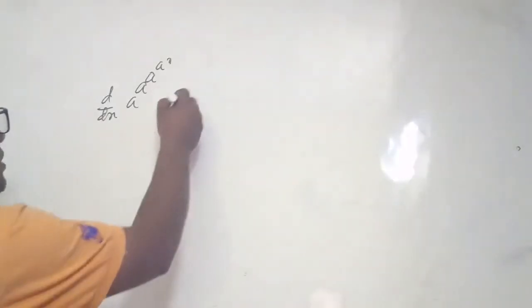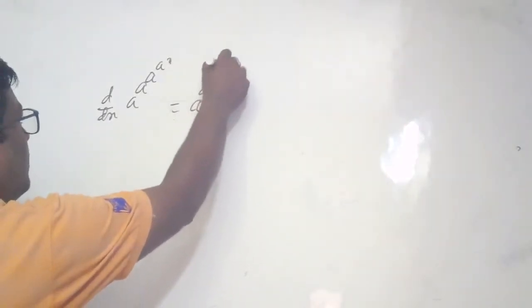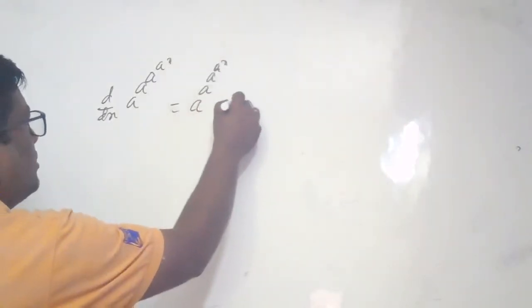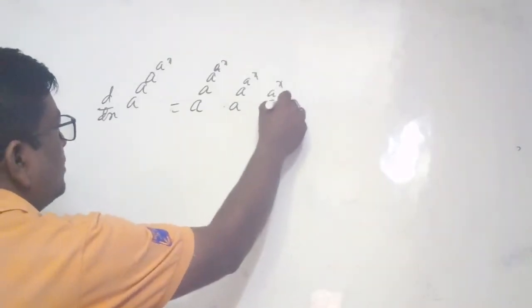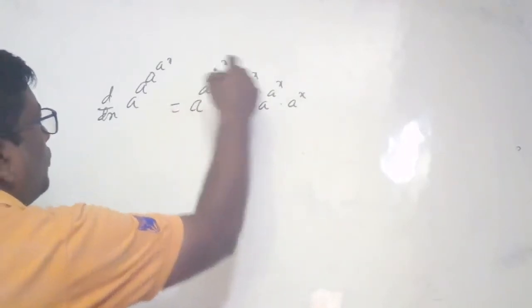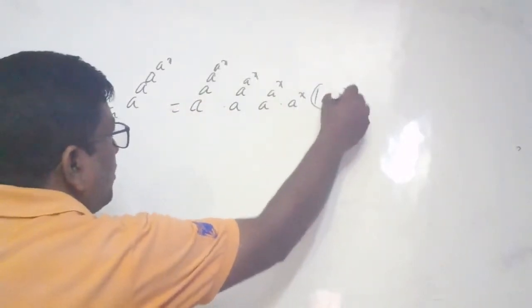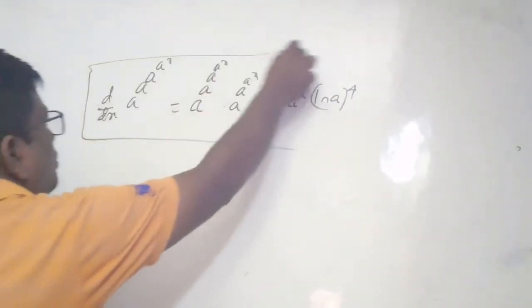And this is equal to what? Write a to the power a to the power a to the power a to the x, then 3 a's a to the power a to the power x, then 2 a's a to the x, then a to the x. 1 2 3 4, ln a to the power 4. This is another short question.